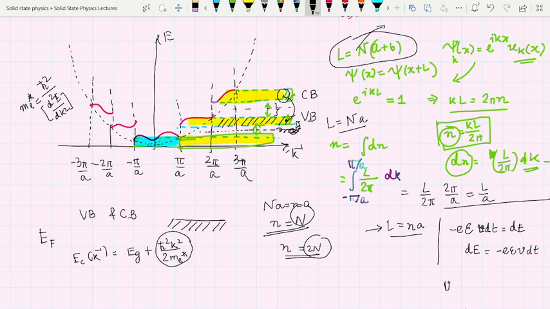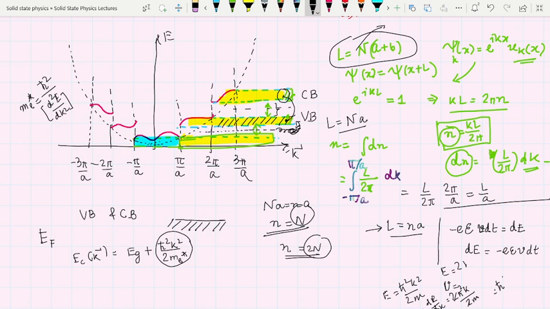The velocity of the electron inside the crystal is nothing but the group velocity. Group velocity is (1/ħ) dE/dk. For a free particle, let us assume, then we can get the analogy: E is equal to ħ²k² by 2m. So dE/dk results in ħ²k upon m, the 2 gets cancelled out.